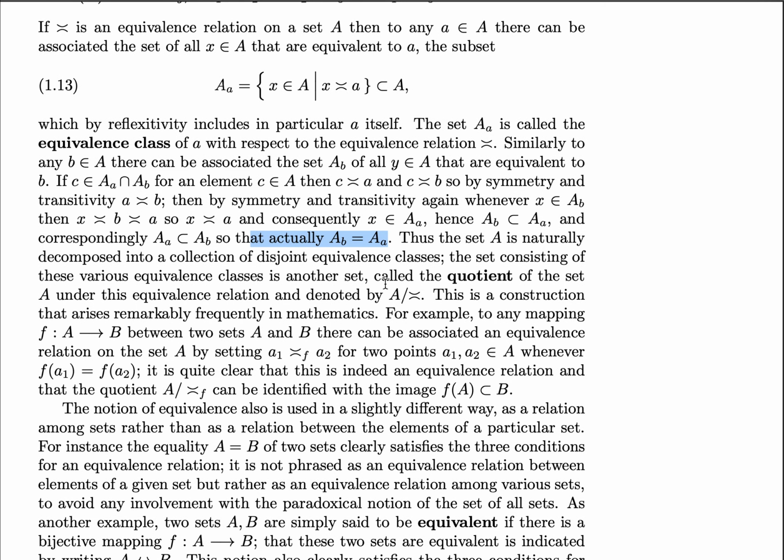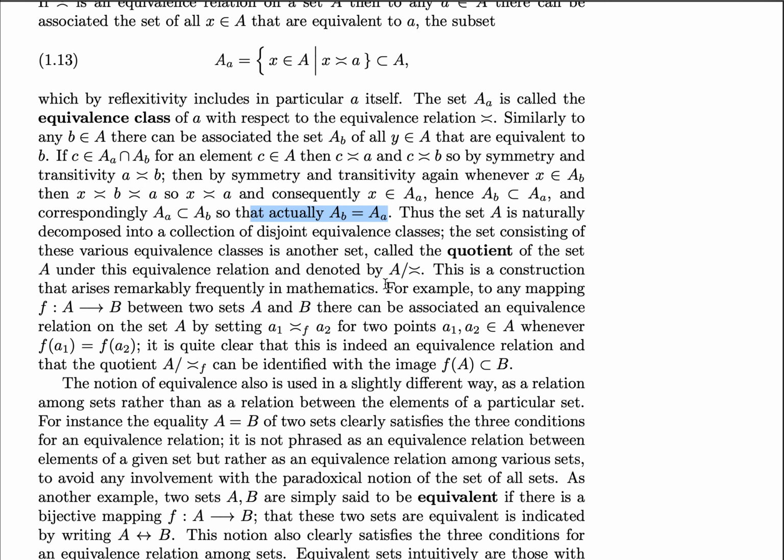Thus, if you have sets of disjoint equivalence classes, namely those that do not share any elements, you get a partition of the set. If you consider the set consisting of only these various equivalence classes, you call this the quotient of the set A under the equivalence relation that you defined here. This is denoted by A quotiented with respect to the equivalence relation.